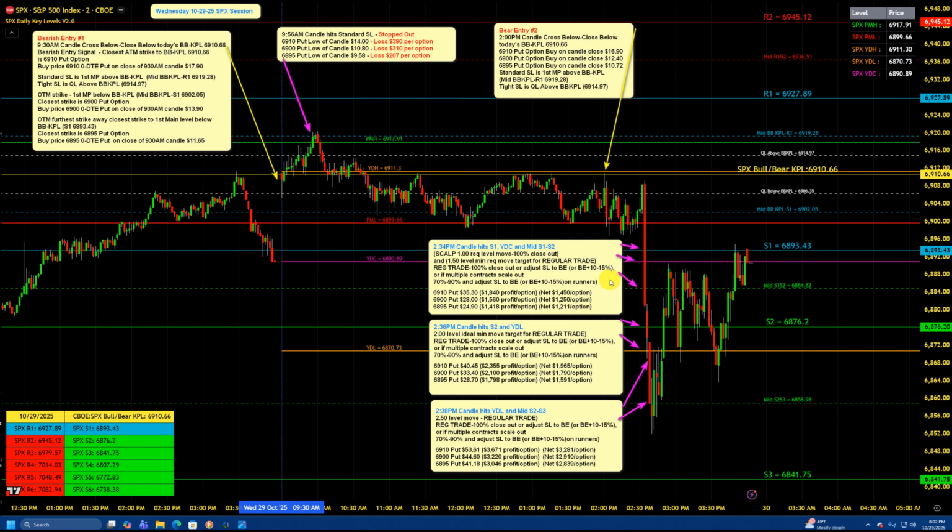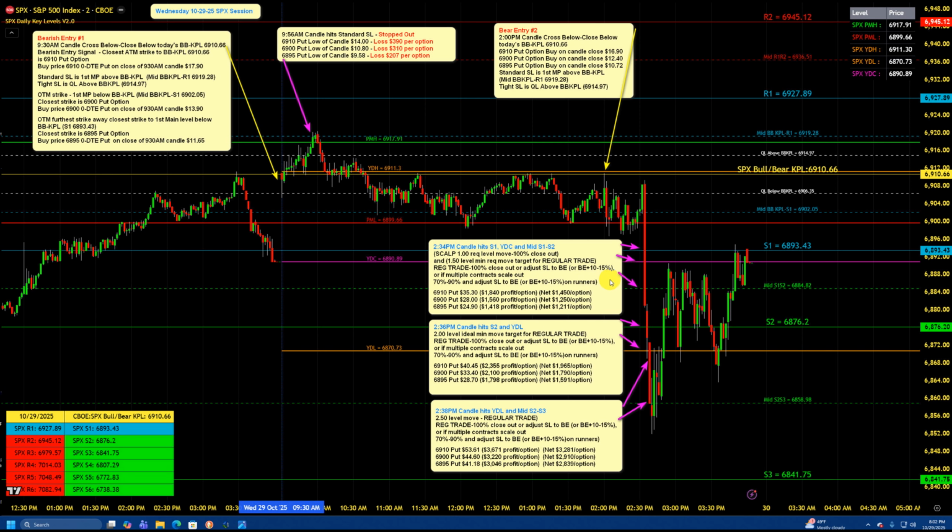And the regular trade also gives you options as to what you're going to do for either exiting or an adjustment. So in a regular trade, you can adjust it when it's met the minimum required move.